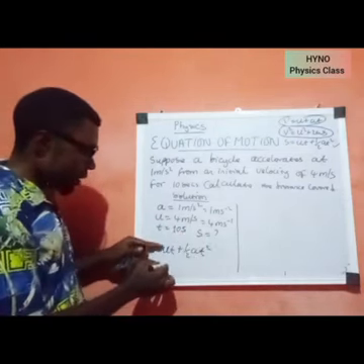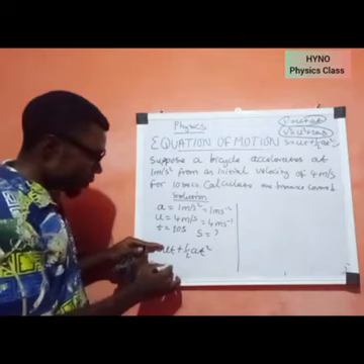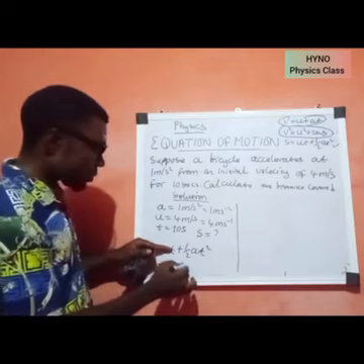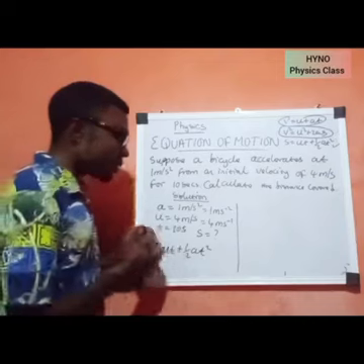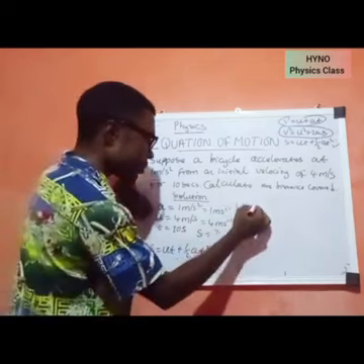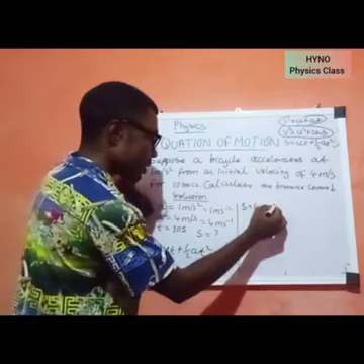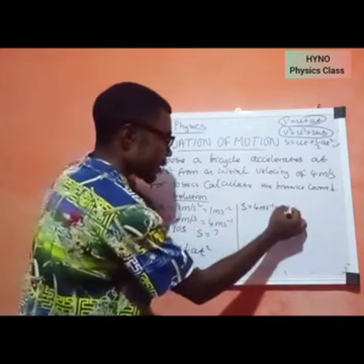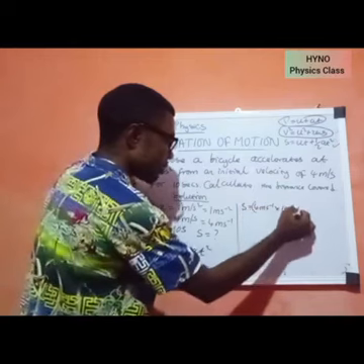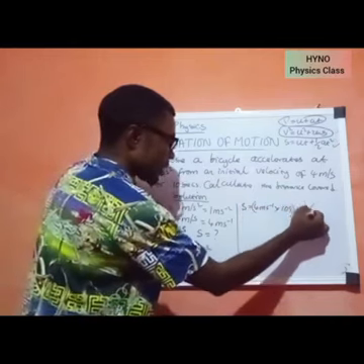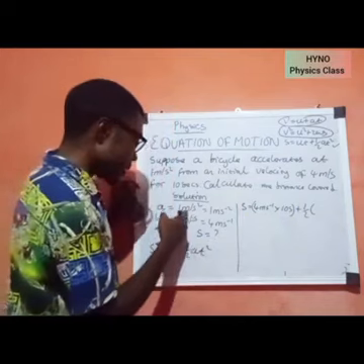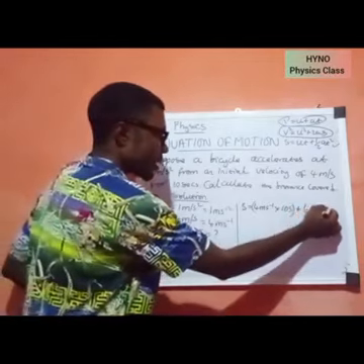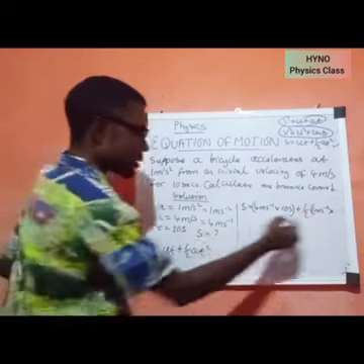So S is equal to, our initial velocity U is 4 meters per second times time, which is 10 seconds, then plus half times A. Our A is 1 meter per second squared, times time, which is 10 seconds.